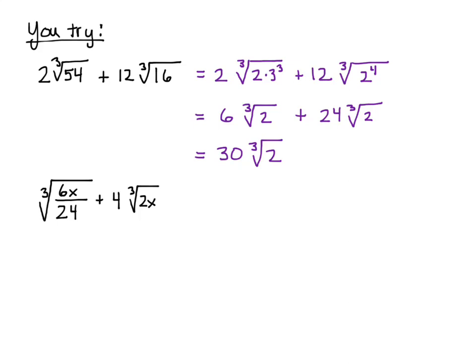And so when I multiply all this out, on the bottom here I get 2 times 3, makes it 3. And on the top what I get is the cube root of 2 times 3 cubed x.